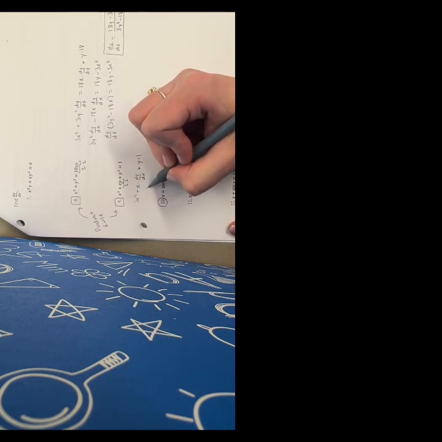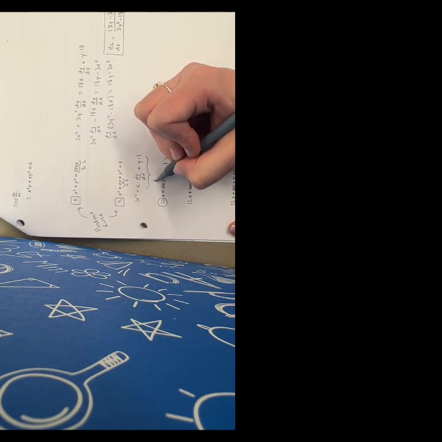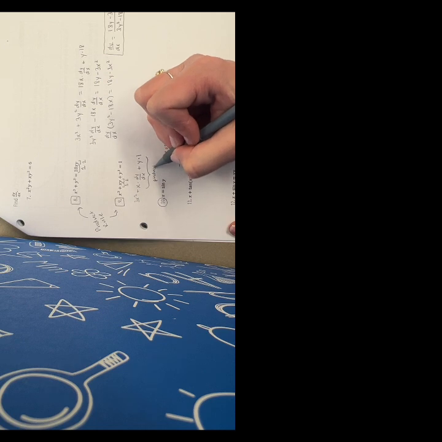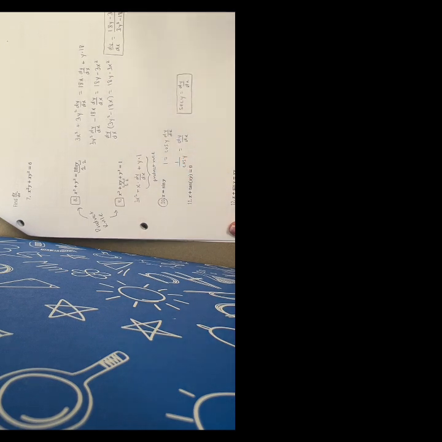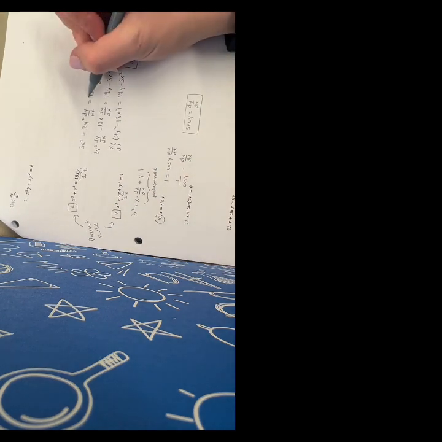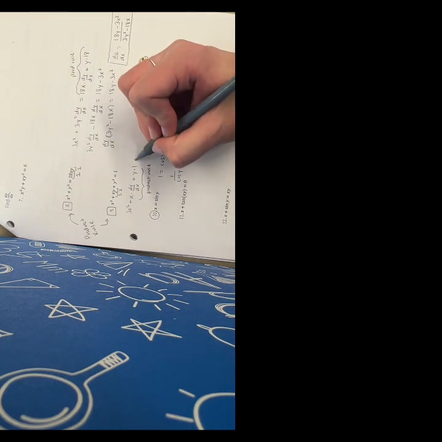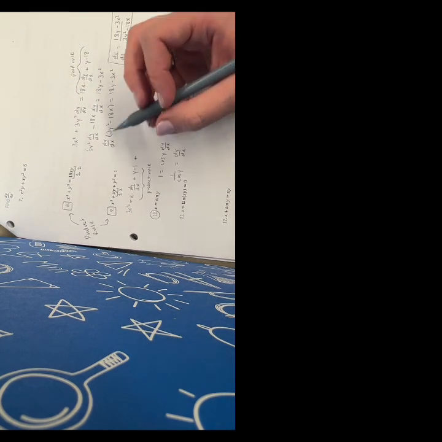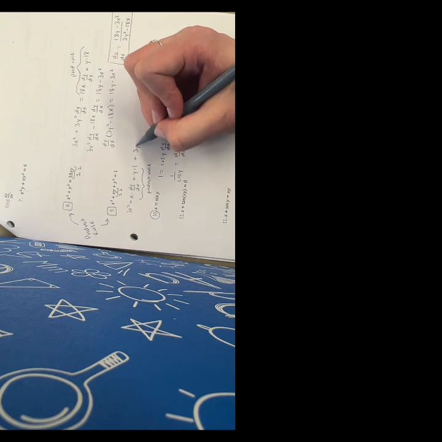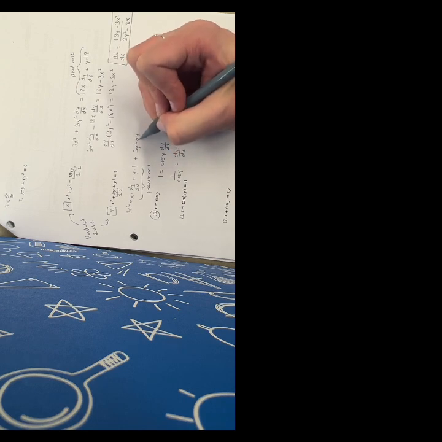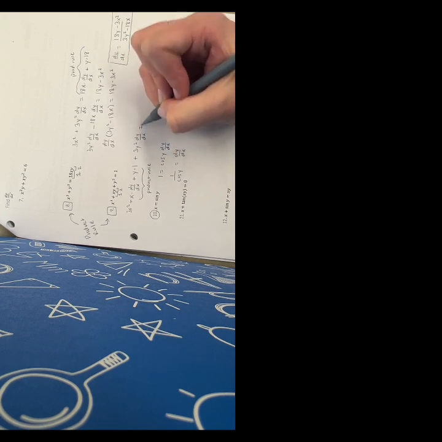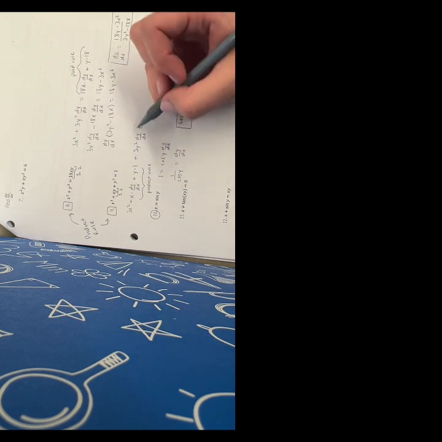So this whole thing is the product rule. Just like up here, this whole thing was the product rule. Now we have plus the derivative of y cubed, so 3y squared dy/dx equals the derivative of 1, which is 0.